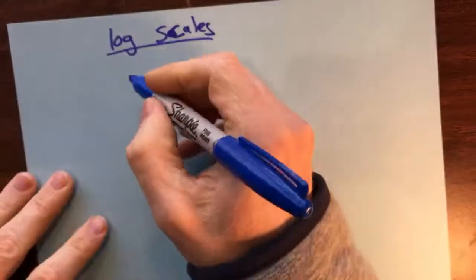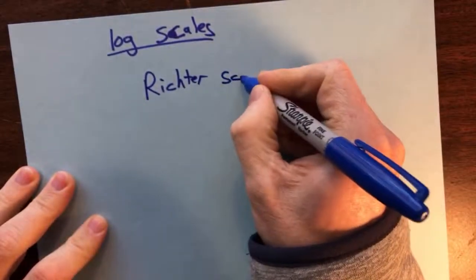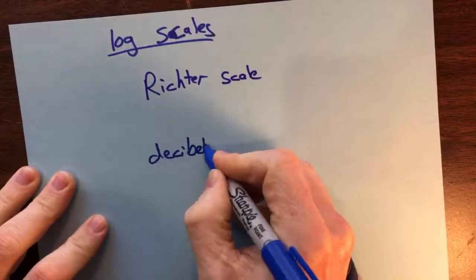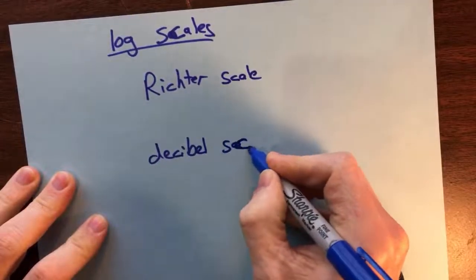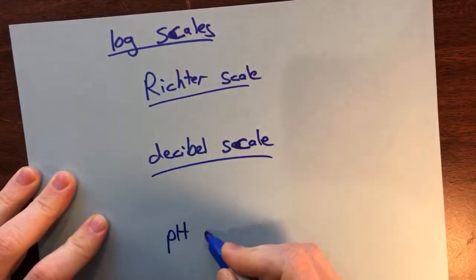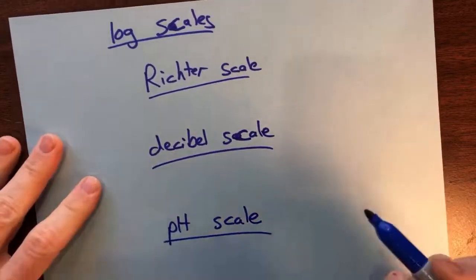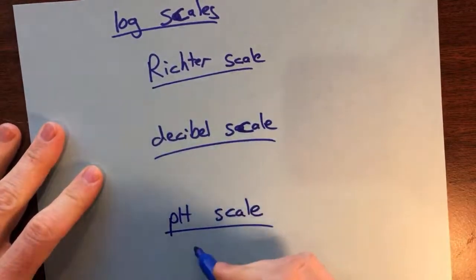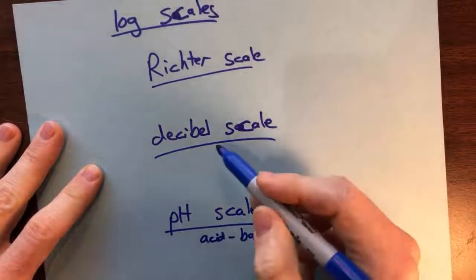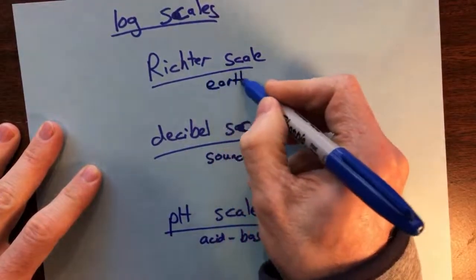Some of those things you guys have heard about, for example, are the Richter scale for earthquakes, the decibel scale for sound, and the pH scale for chemistry, for acidity. This is basically your acid-base scale.